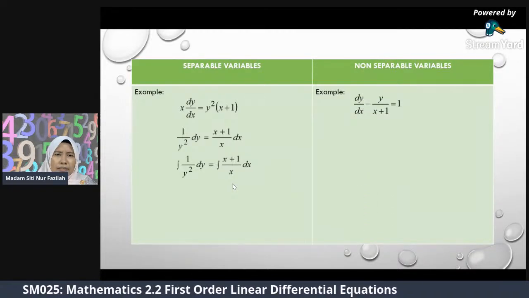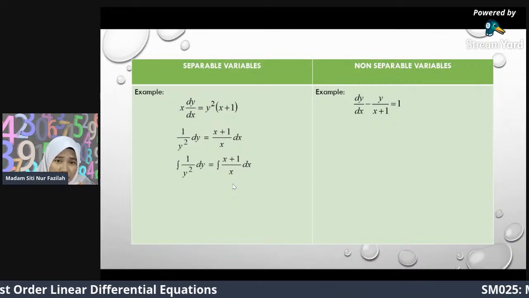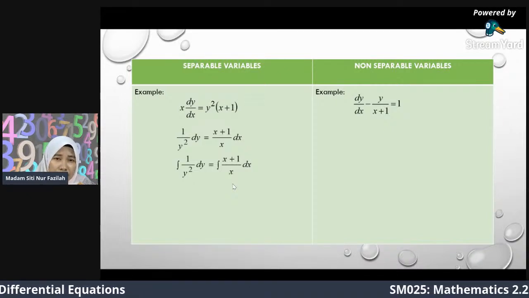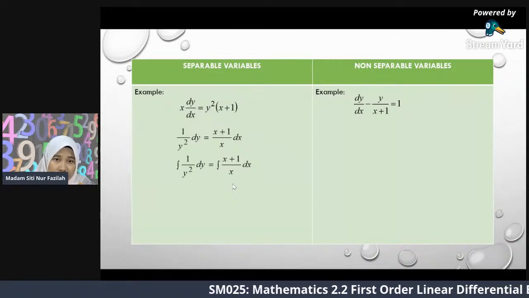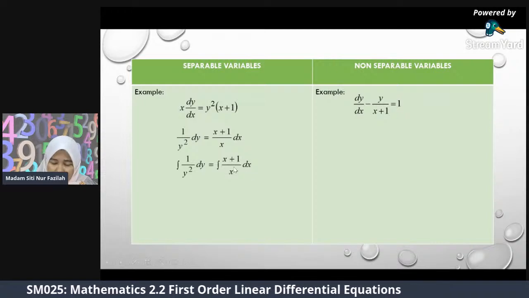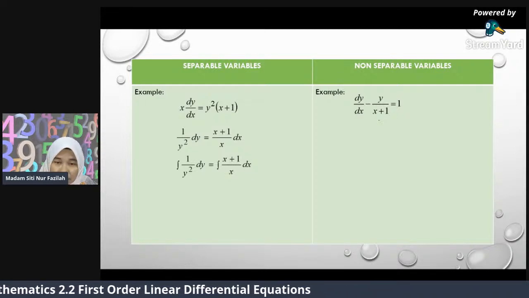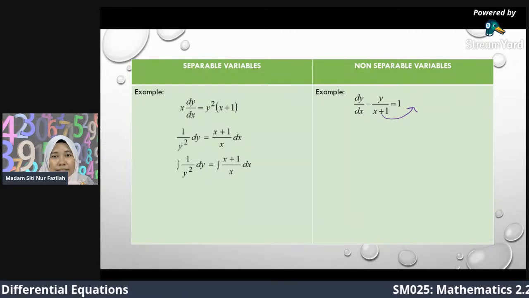Okay, let's say we have another equation: dy over dx minus y over x plus 1 equal to 1. We try to separate, which means we bring the second term to the right hand side.